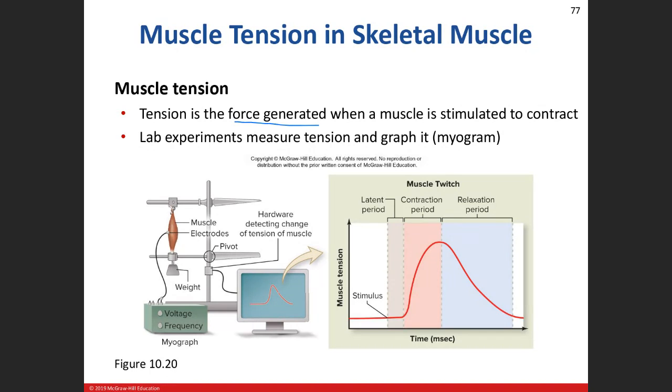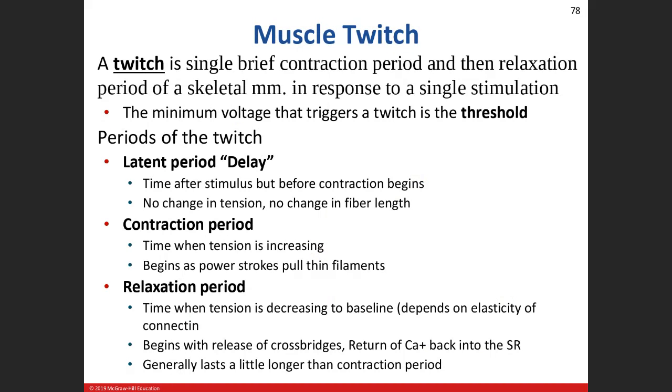But what this graph is displaying to us is what we refer to as a muscle twitch. Okay? That's a muscle movement. The actual definition of a muscle twitch is one single brief contraction followed by relaxation, right? From one single action potential or one single stimulus.